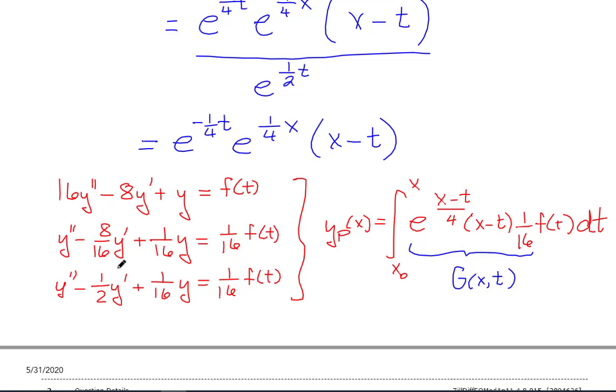And so here is my Green's function. I put over a common denominator, x minus t over 4. Here's the x minus t, and then here is my driving function, giving me my particular solution.